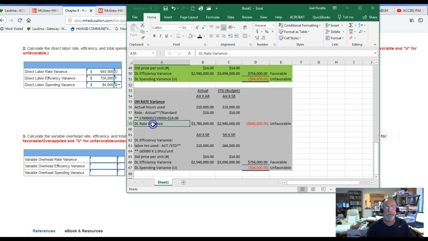Overhead rate variance. And overhead efficiency variance. And overhead spending variance.